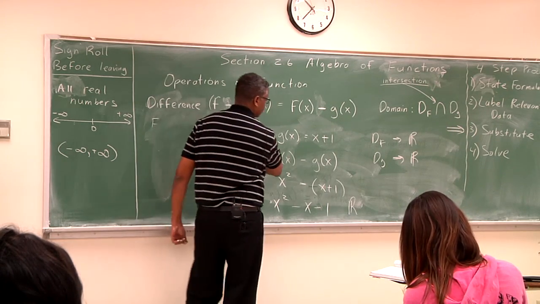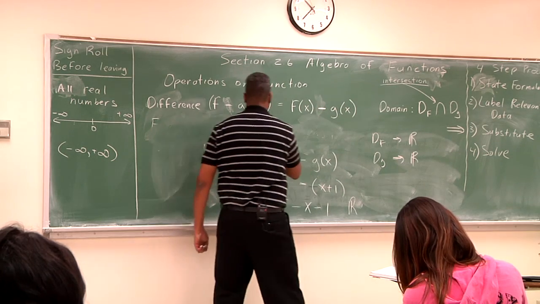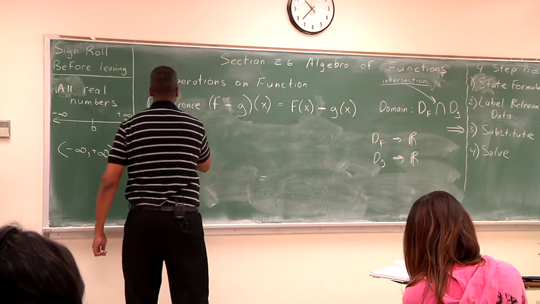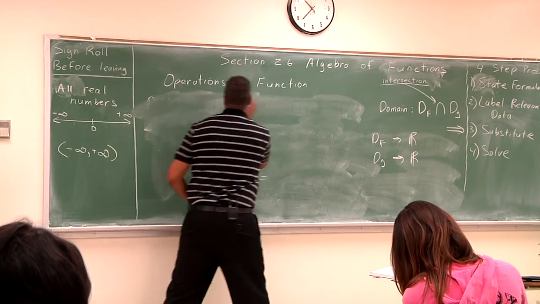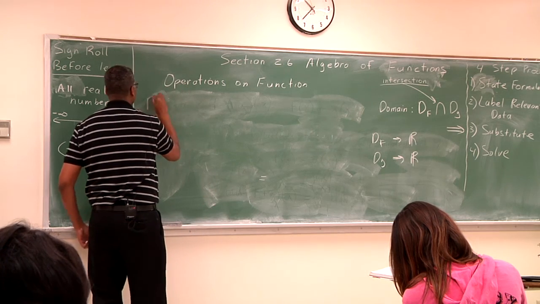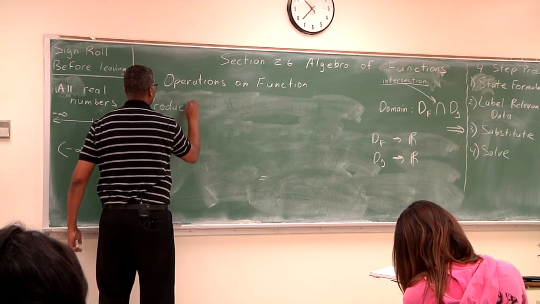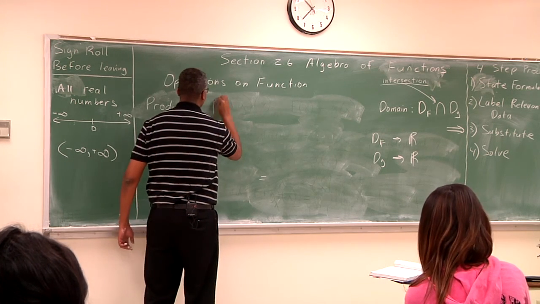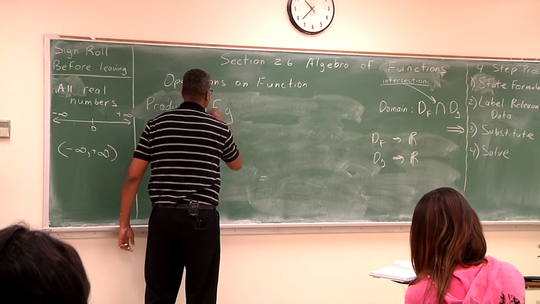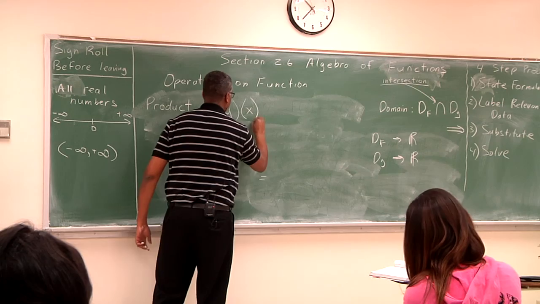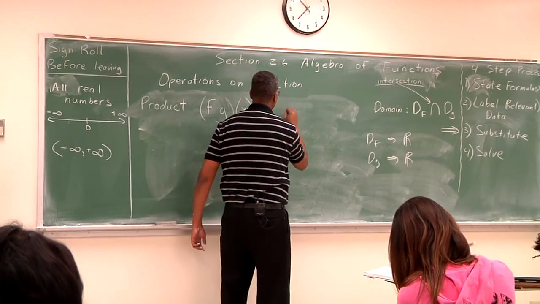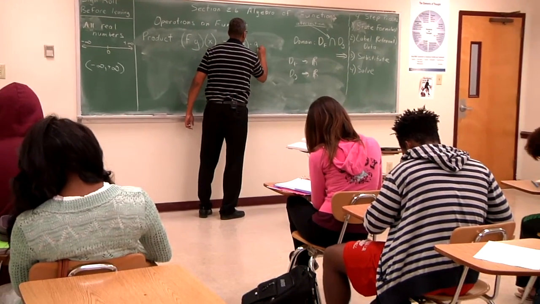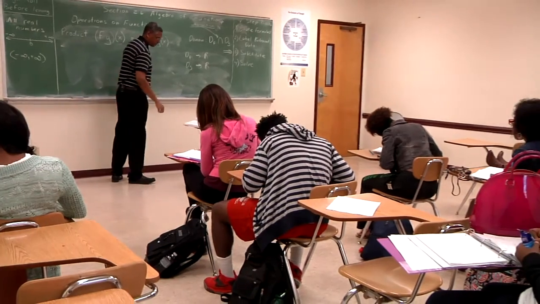multiplication, or product. So our next operation is called the product. For a product, we have this notation, f g evaluated at x equals f of x times g of x, okay?